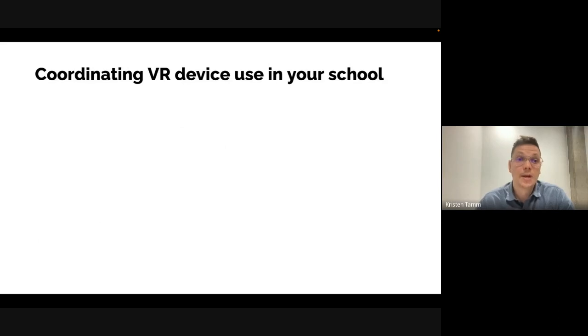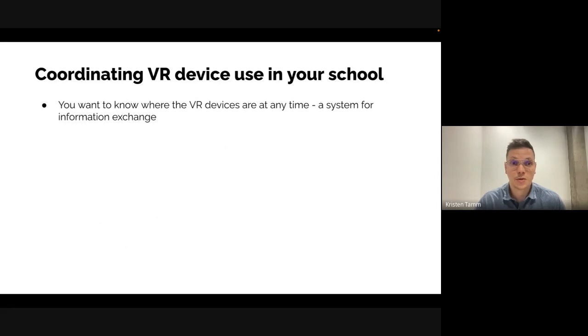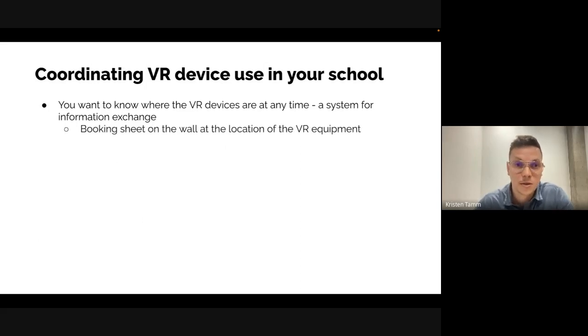A very important part of using VR devices in your school is that you want to know where the VR devices are and who's using them at any specific moment. This is not only important for you as the person in charge of VR devices, but also for other teachers to know how the booking process works.